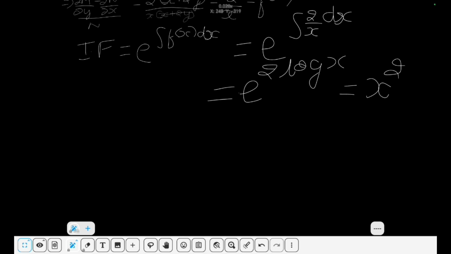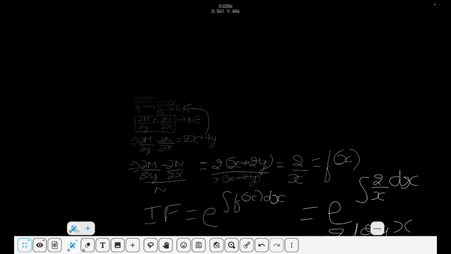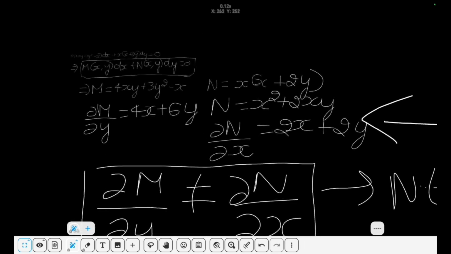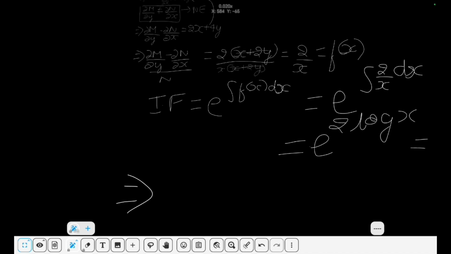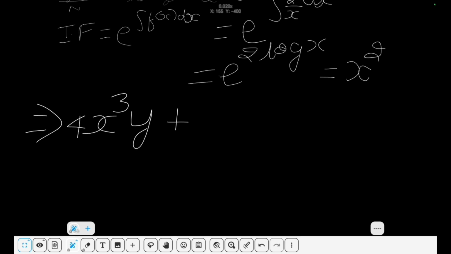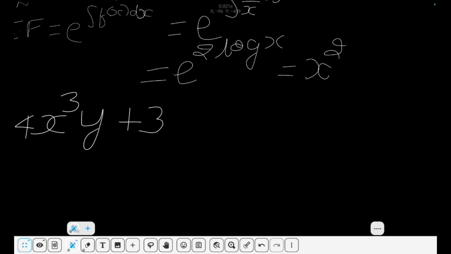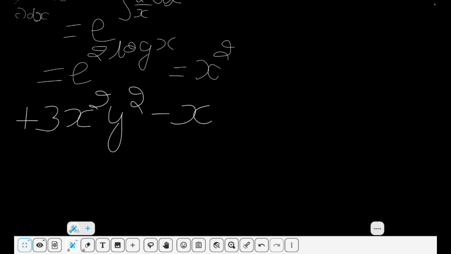Now multiplying x² on both sides of the equation, that is for dx and dy, for M and N, we get 4x³y + 3x²y² − x³.